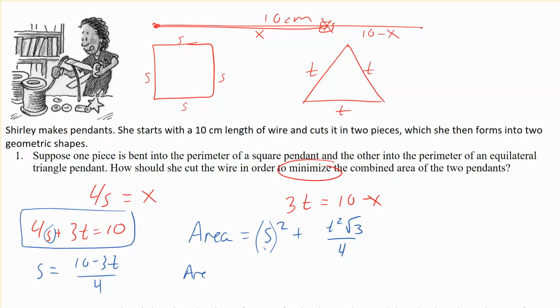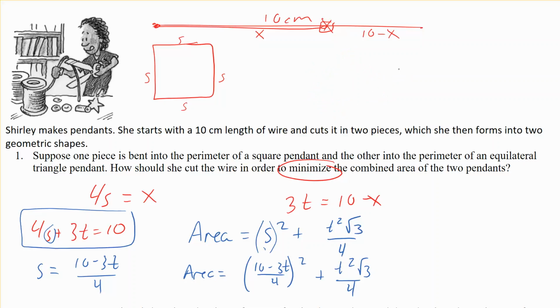So area equals ((10 minus 3t) over 4) squared plus t squared root 3 over 4. And really, this isn't that bad of a problem, I don't think. If I do a little bit of simplification, I've only got to use the power rule, really. I'm going to square everything.